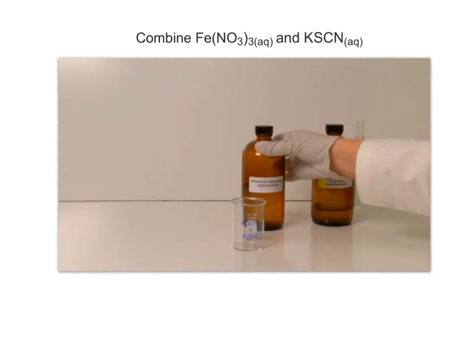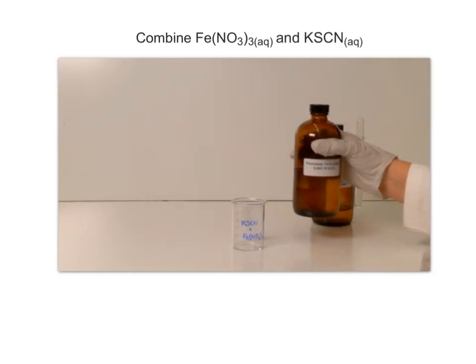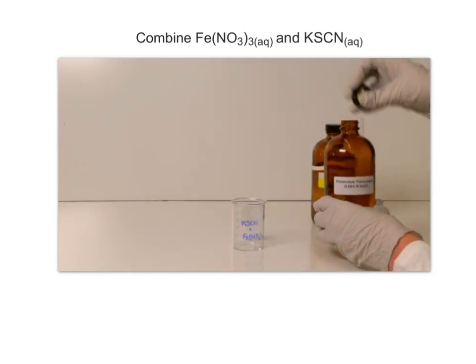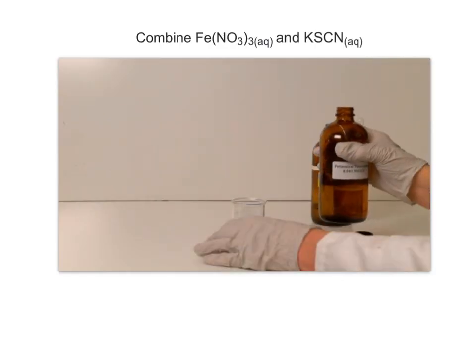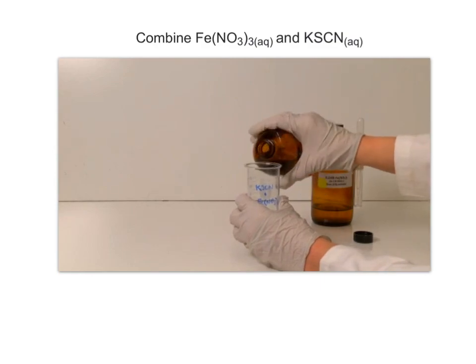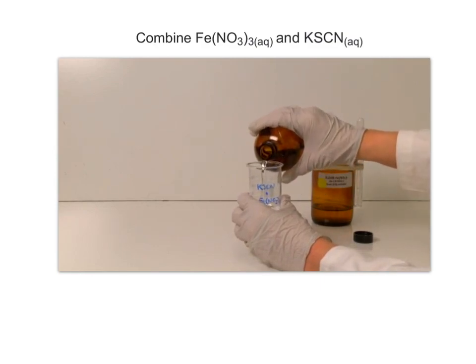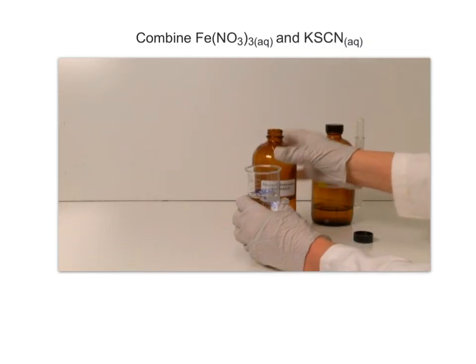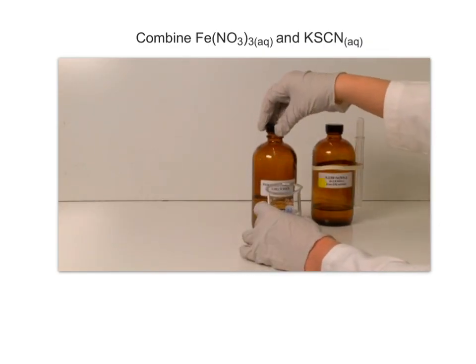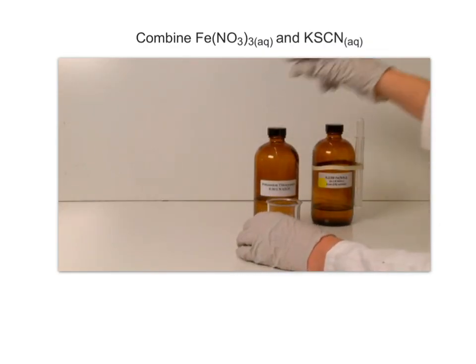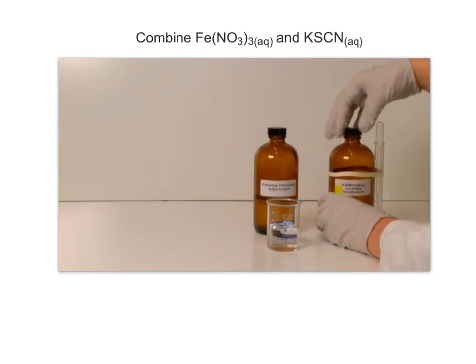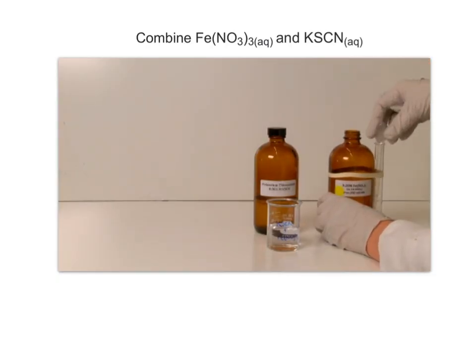To study this equilibrium system, we will allow solutions of iron 3 nitrate and potassium thiocyanate to react. About 50 milliliters of potassium thiocyanate are added to a beaker. Then a few drops of the iron 3 nitrate are added.